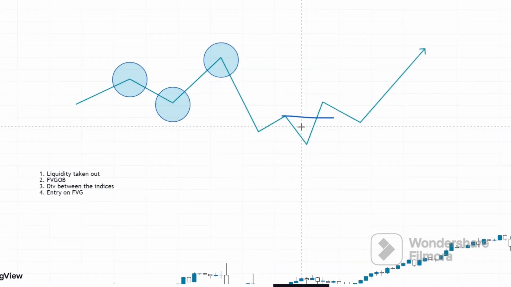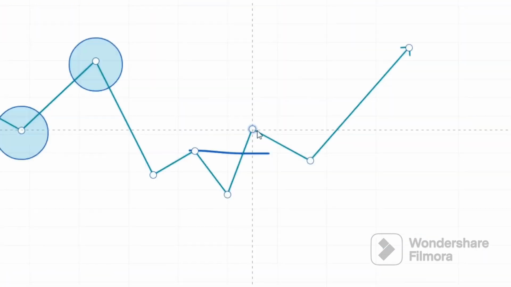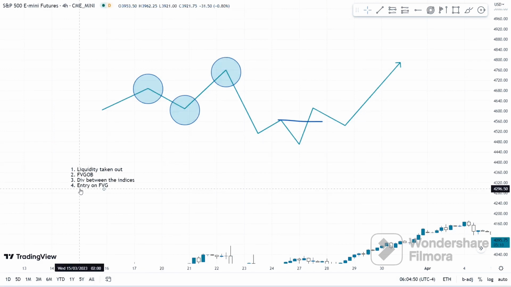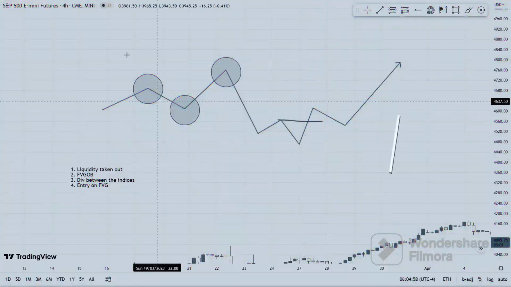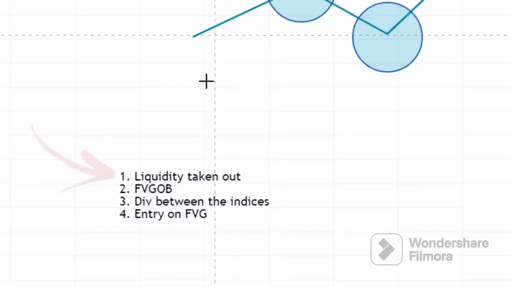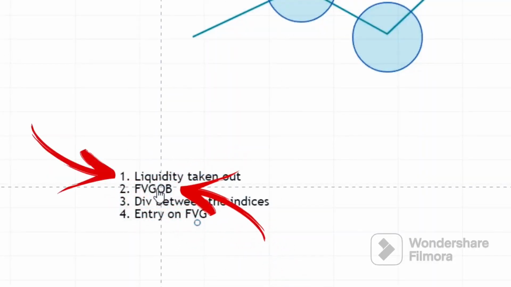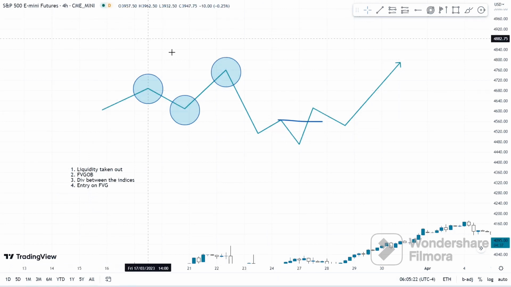We want to see the market break the latest higher low, and on the pullback we look for an FVG to enter the market. But keep in mind that these 2 take place in the lower time frame. In the higher time frame, we only want to see liquidity grab and FVG order block. All the other steps take place in lower time frame.